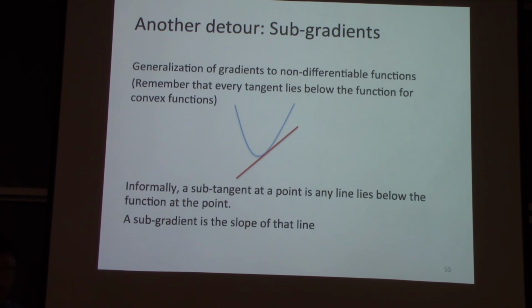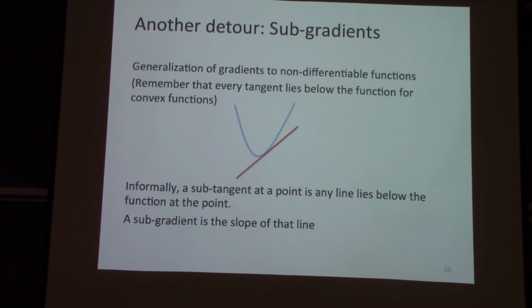So let me remind you what the gradient is. The gradient is just the slope of the tangent line in 1D in this picture. In high dimensions, you can also find a tangent. In that case, it might be a line, a plane, or a hyperplane.